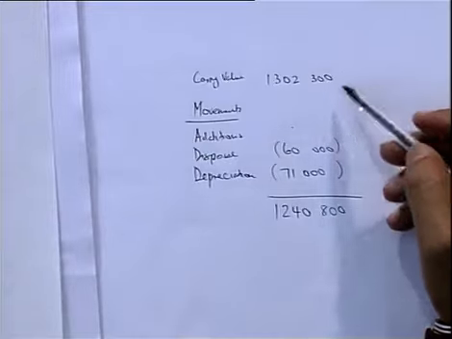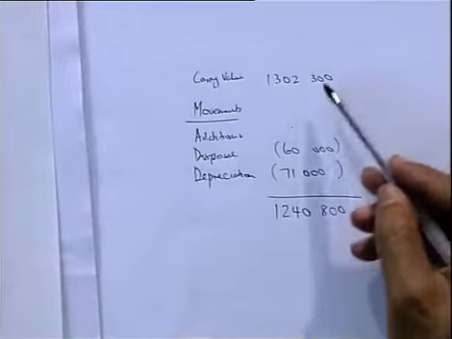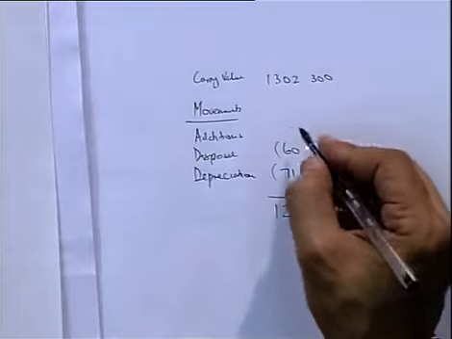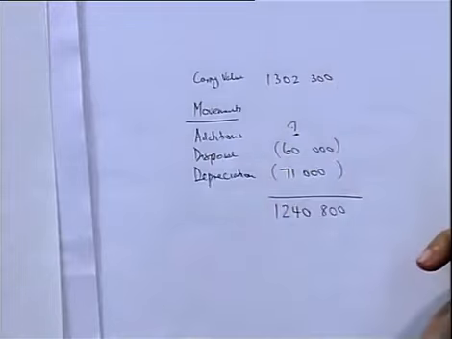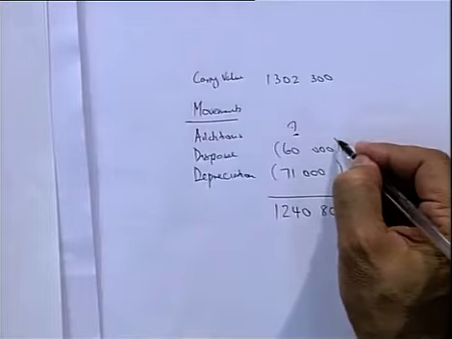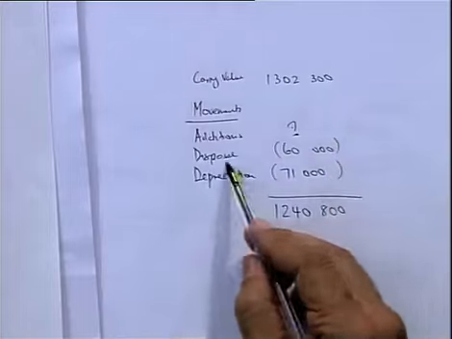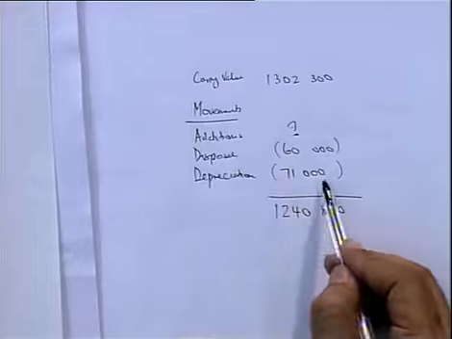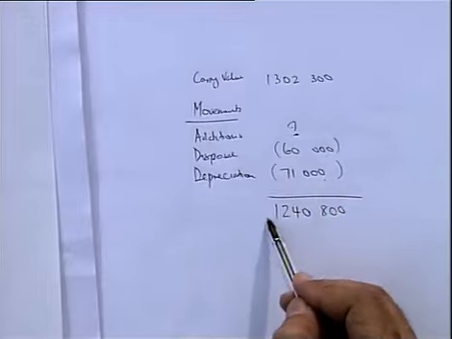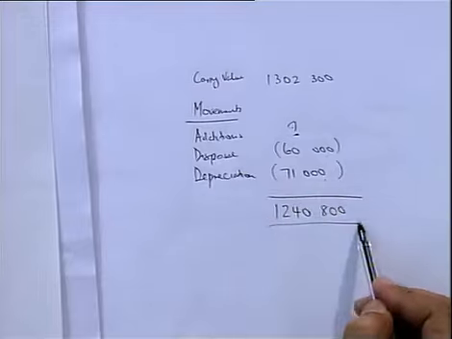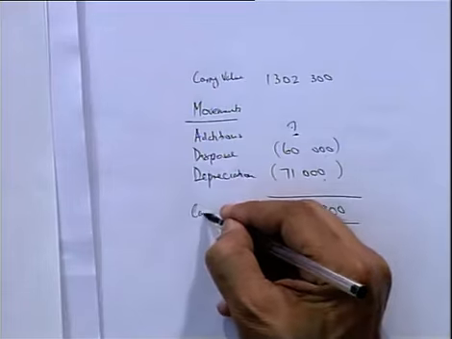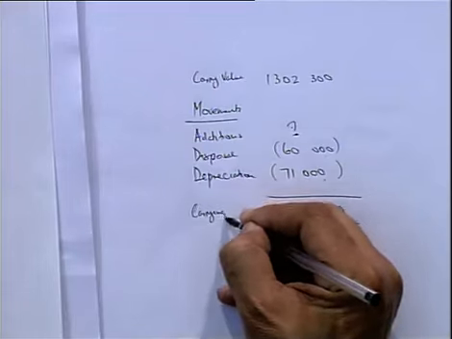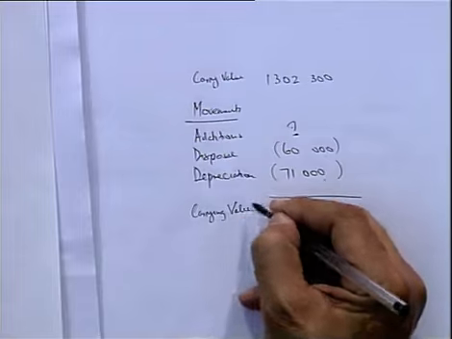So it says the carrying value at the beginning plus the additions minus the disposal minus the depreciation gave me the carrying value at the end. So that will be the carrying value at the end.